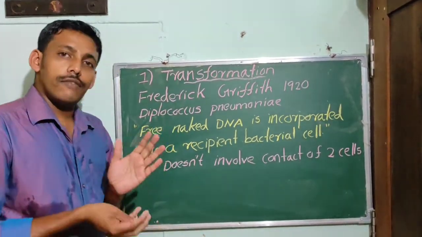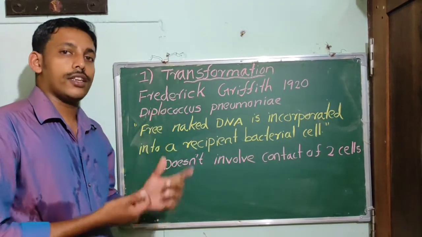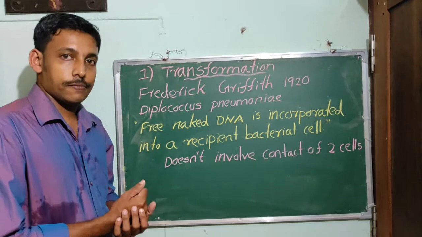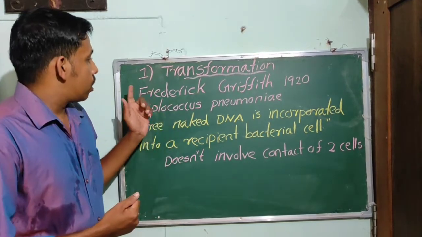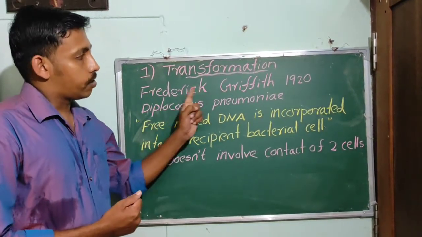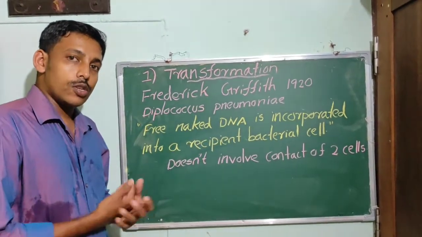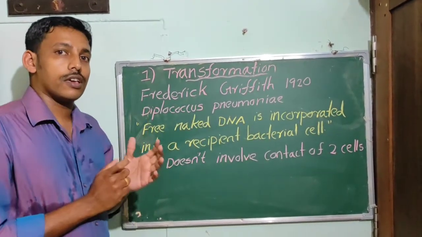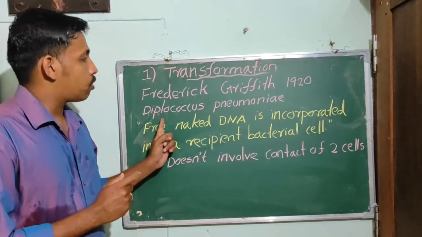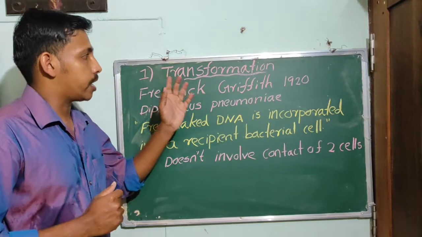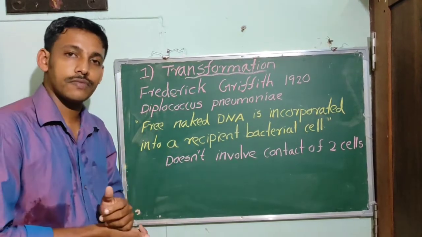The first evidence of bacterial transformation was reported by a British scientist, Frederick Griffith, in 1920. During his experiments with the bacterium Diplococcus pneumoniae, he reported this bacterial transformation.